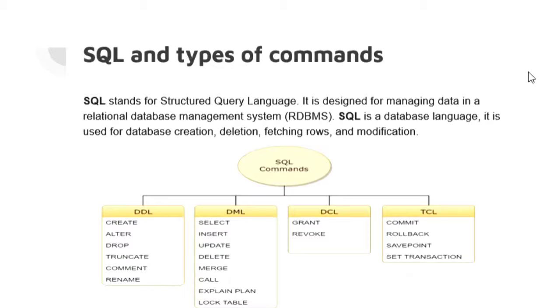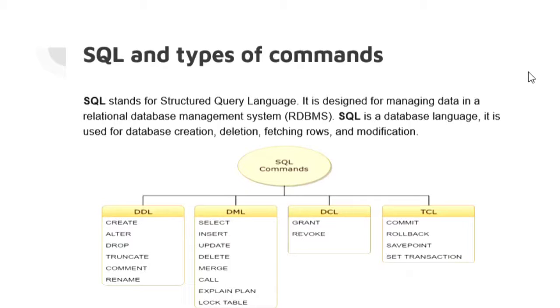SQL or Structured Query Language is the type of language which is used for managing data in a relational database management system. SQL is a database language. It is used for database creation, deletion, fetching of rows and its modification.